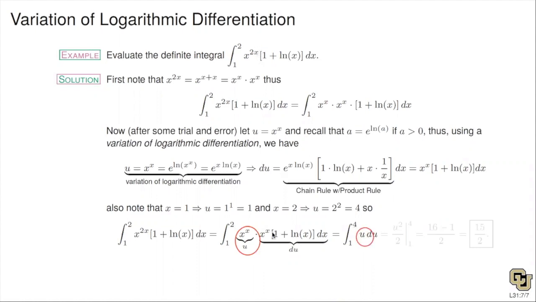And then the remaining terms, x to the x times 1 plus ln of x dx, become our du. And so this very messy integral becomes a very simple integral. We know u squared over 2 is an antiderivative. And then I can do f of b minus f of a. And that finishes the problem.